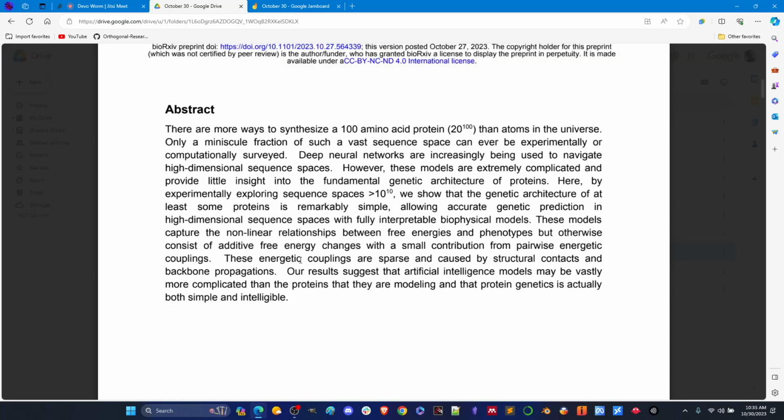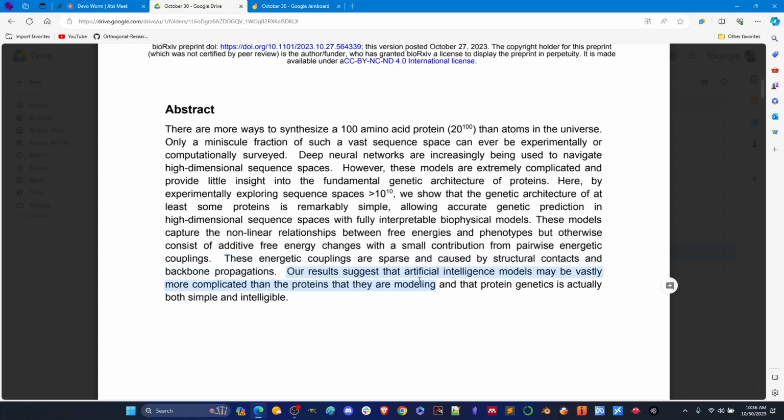So we have these additive free energy changes at every step of the protein production, and then we have the small contribution from pairwise energetic coupling. They use this type of model to explain this nonlinear relationship. These energetic couplings are sparse and caused by structural contacts and backbone propagations. So they use these local pairwise couplings to explain some of these nonlinearities.